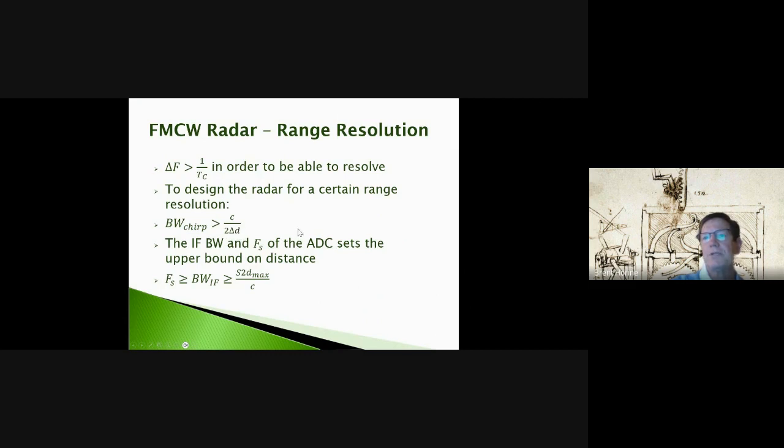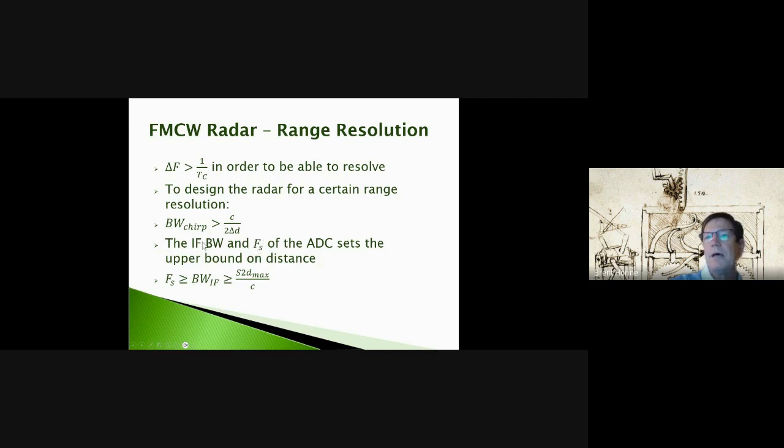That's our spatial resolution. Simultaneously, in hardware, our IF bandwidth and the sampling frequency of the ADC is going to set the upper bound on distance, because this whole bandwidth and chirp needs to fit within that IF bandwidth, and then it's got to be sampled such that there's no aliasing and that type of thing.